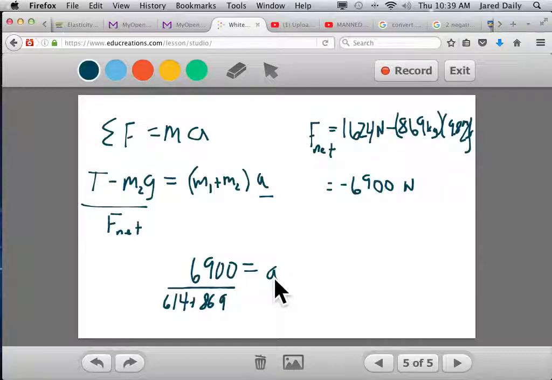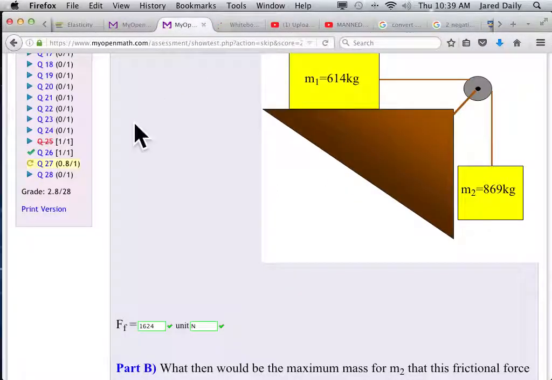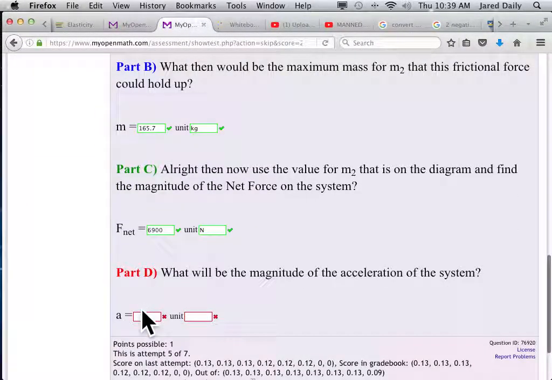So whenever you're doing force equals mass times acceleration, your F net is your tension minus the weight. On this problem, yes. And that gives me 4.65 for my acceleration. Let me just plug that in real quick and we'll come back to that. 4.65 meters per second squared. All right?